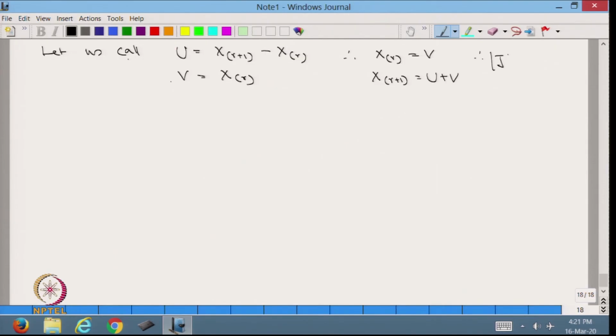Therefore, the Jacobian, as we have computed many times, is equal to 1.